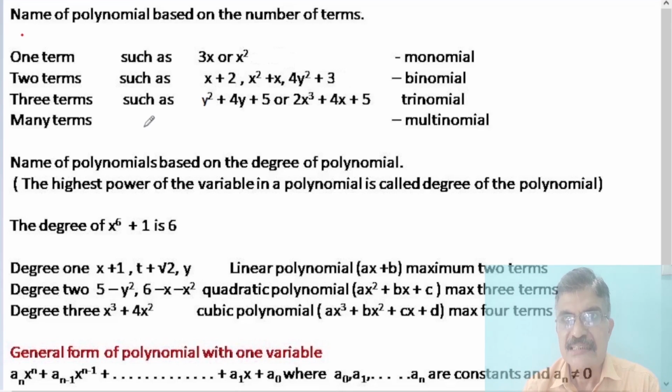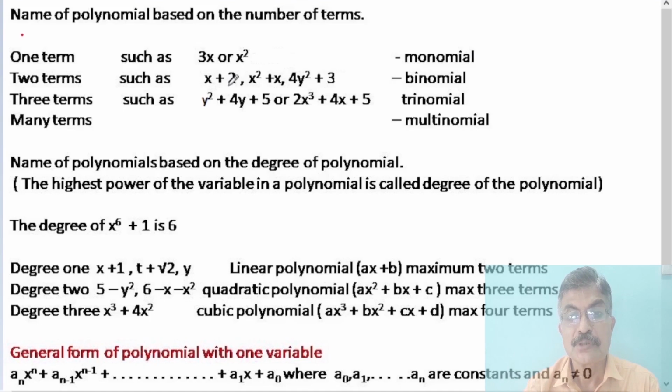Now, we will study a few terms that are used to describe polynomials based on the number of terms and degree of the polynomial. Degree of the polynomial means the highest power of the variable used in the polynomial. First we will look at the name of the polynomial based on the number of terms. Consider this polynomial 3x or x square. These polynomials have only one term. Such polynomials are called monomials. Consider these polynomials.